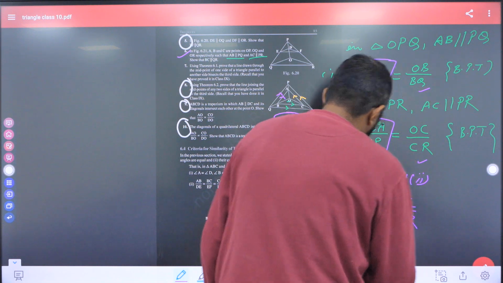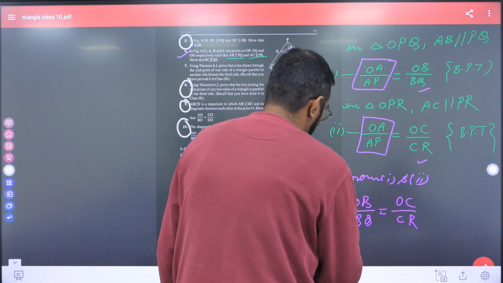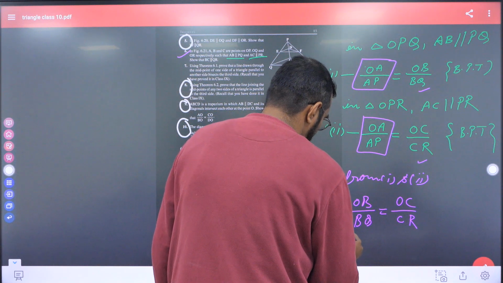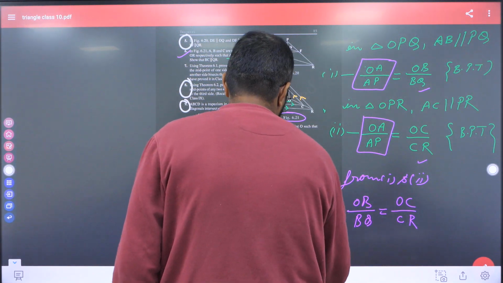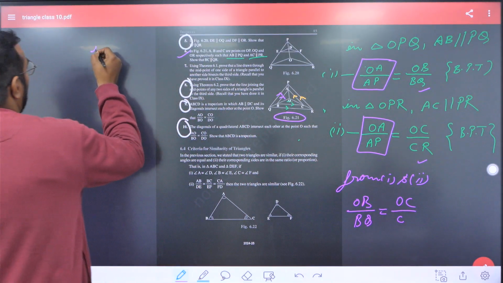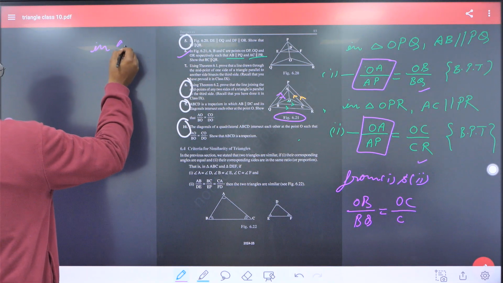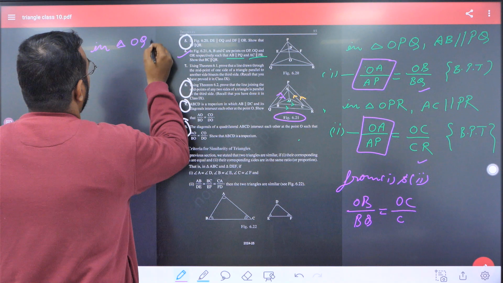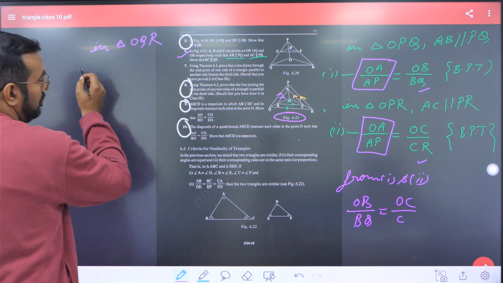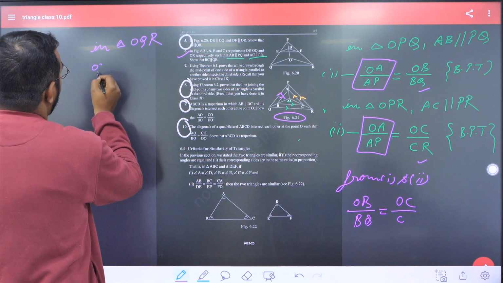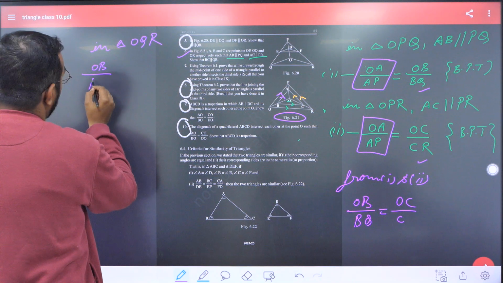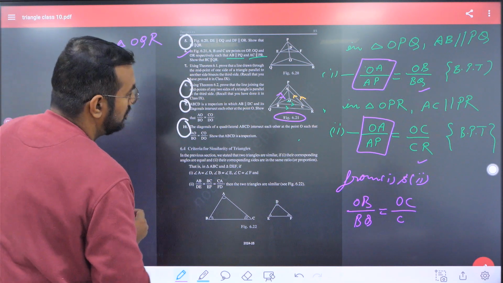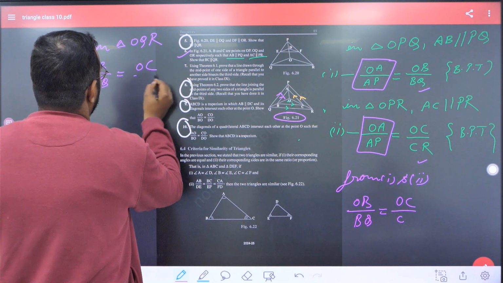So let's write: in triangle OQR, OB upon BQ is equal to OC upon CR.